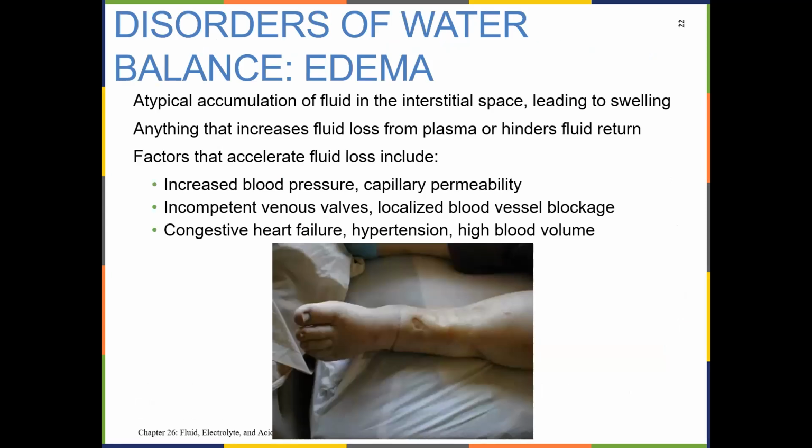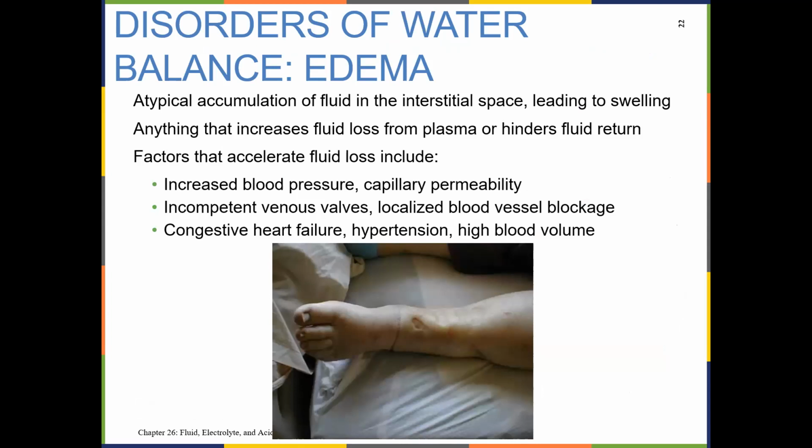Fluid accumulation is something else we see in our bodies. We have edema, that is swelling. Now, edema occurs usually when we are retaining water for some reason. Now, it may be that we're having an allergic reaction to a bee sting. The patient's stung by a bee, and they release histamine.